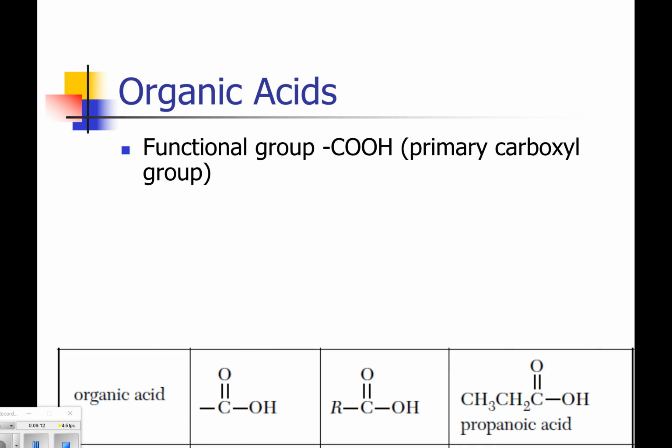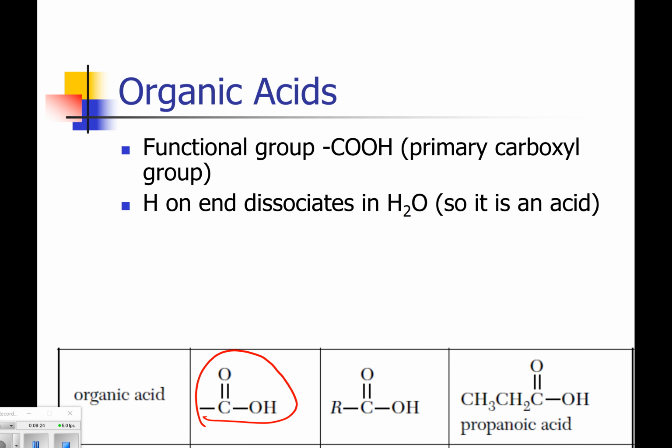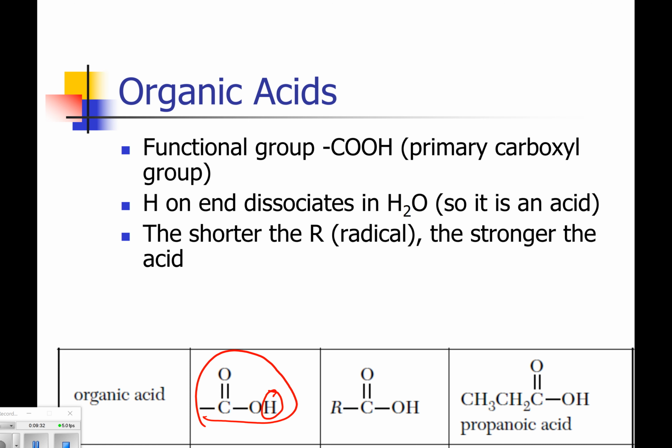The next functional group is organic acids. The group is COOH, and there is a double bond in there. It's a primary carboxyl group. The H that's on the end of that does dissociate. It does come off. So it is considered an acid.